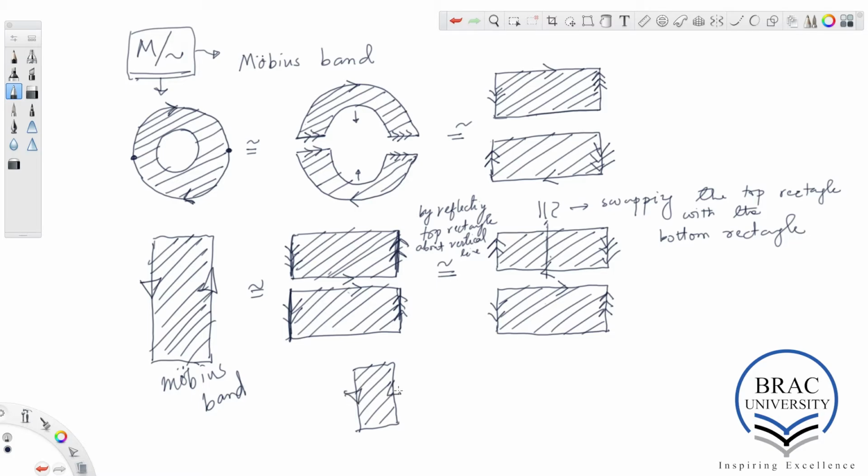We know that the boundary of a Mobius band is homeomorphic to a circle, and we have this smaller 2 disk that we cut out of the annulus. Its boundary is also a circle, and we can join these 2 circles to get the real projective plane. Okay, all right, good.